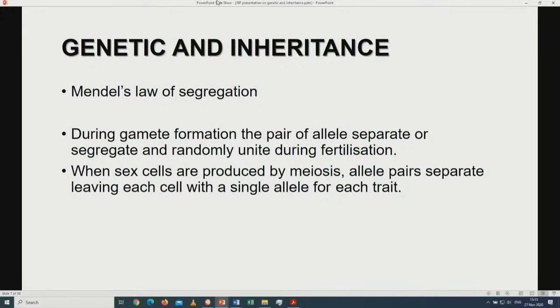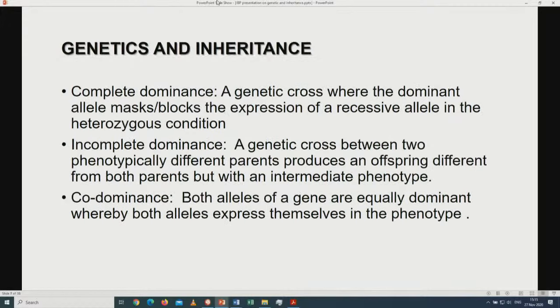Mendel's law of segregation states that during gamete formation, or meiosis, the pair of alleles will separate, or segregate, and randomly unite during fertilization. When sex cells are produced by meiosis, allele pairs separate, leaving each cell with a single allele of each trait.